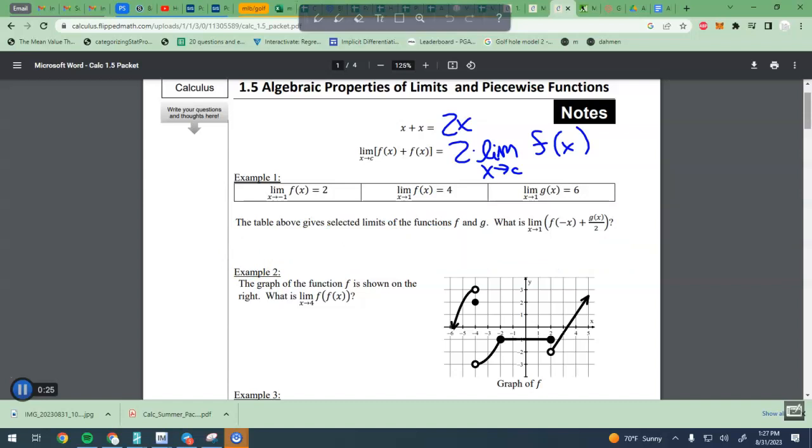Okay. So, f of -x, when x is 1, this would really be like the limit as x. But if we want -x and x is 1, we want -1, right?